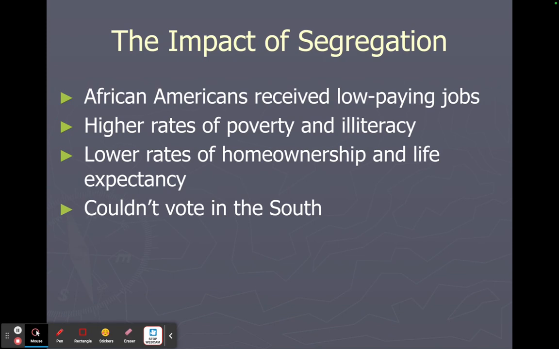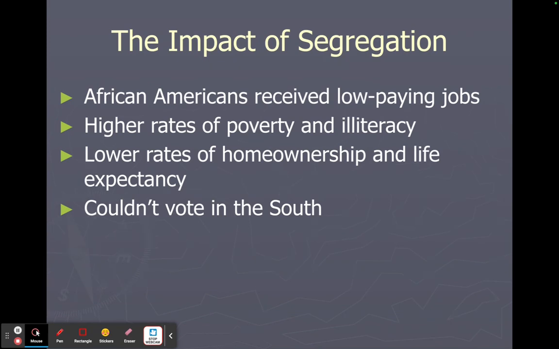So, what impact did segregation have? From 1865, which is again the end of the Civil War, until the mid 1960s, so 100 years later, African Americans would be trapped in many low paying jobs. They had higher rates of poverty, also higher rates of illiteracy, which is not knowing how to read or write.